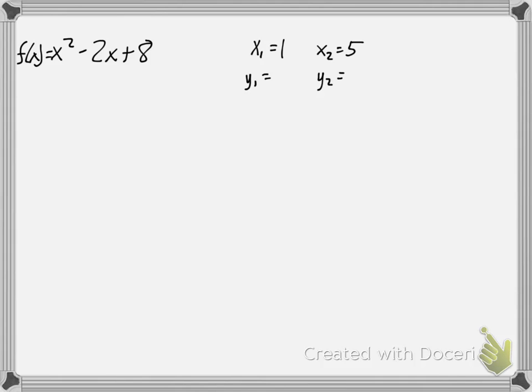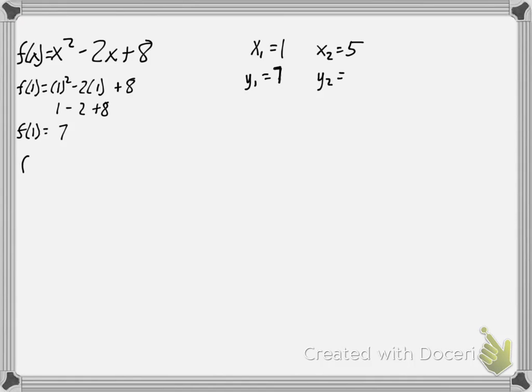And so to do that, I'm going to find f of 1. And 1 squared minus 2 times 1 plus 8 would give me 1 minus 2 plus 8, which would be 7. And so f of 1 is equal to 7, which means this y1 is 7.